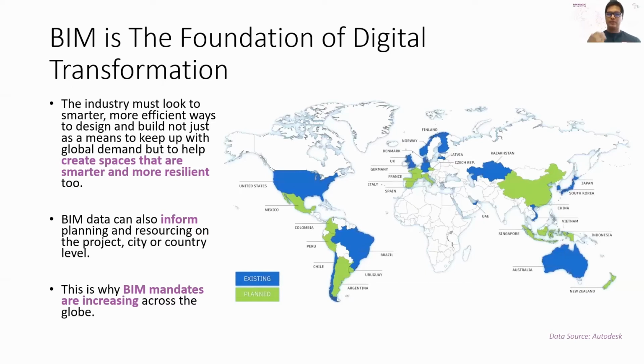It could be at a project level, at a city or municipality level, or even at a country level. This is why BIM mandates are increasing across the globe, because of this winning recipe. If something is posing so many benefits, why not adopt it and mandate it? This is what many regions across the globe are doing, and I really want us as Africa to get onto this same wave.